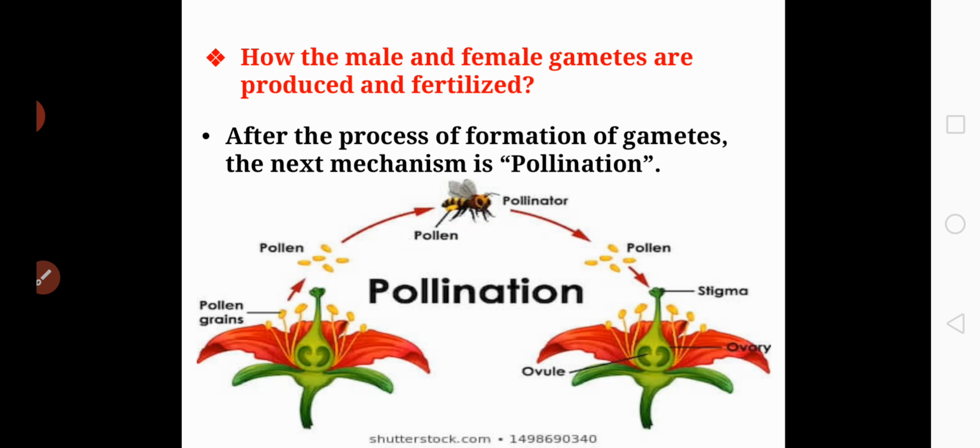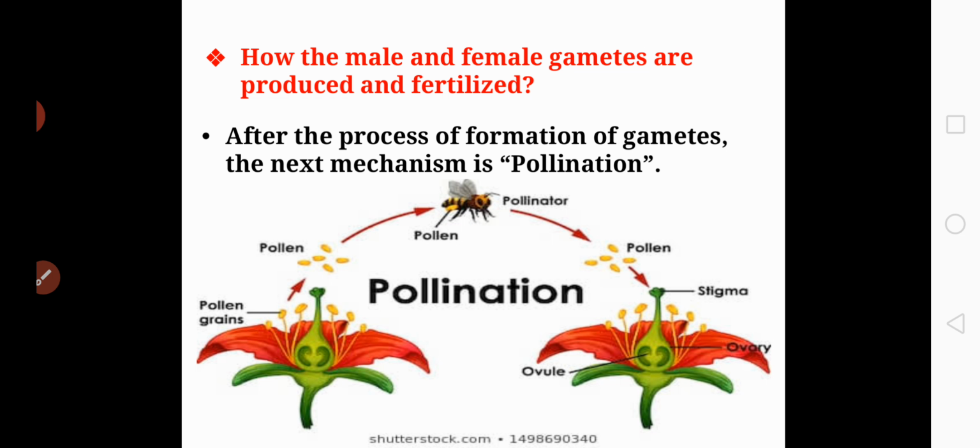Clear? So a flower contains the male sex organ which is called the stamen, and in the stamen the tip portion is called the anther, which contains the microsporangium. Okay, and in the microsporangium the spore mother cell undergoes meiosis.